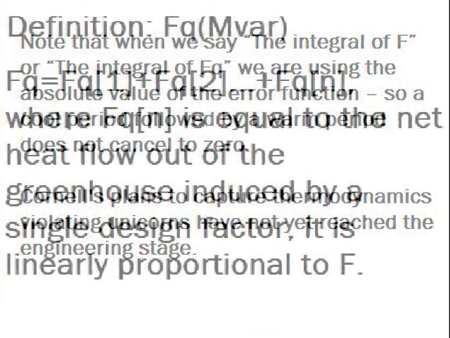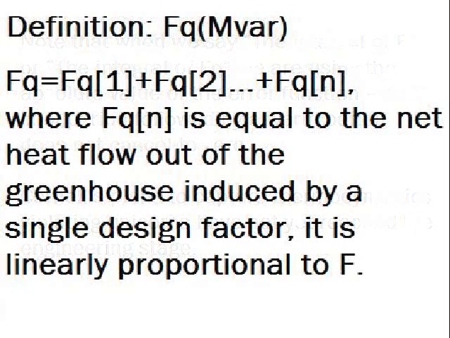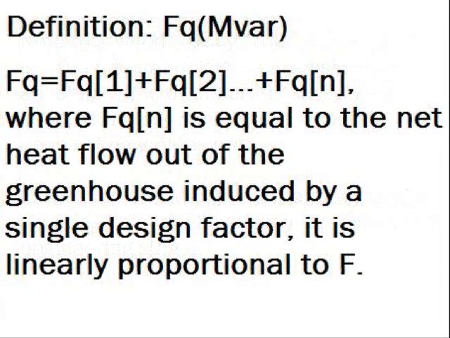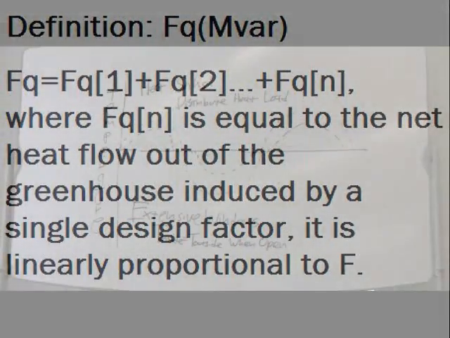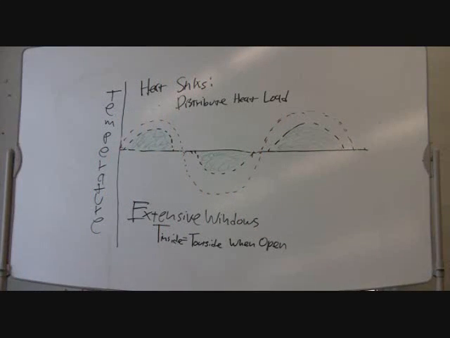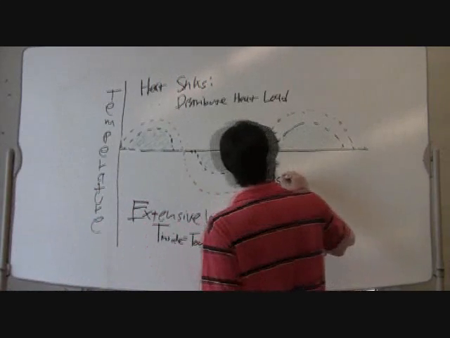This simplifies our problem greatly, as f sub q can be taken as a linear combination of all of the f sub q sub n's that define each individual component. With this linearization in hand, we can see how we produce our final function f sub q.